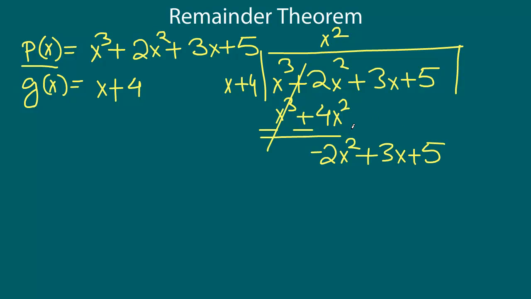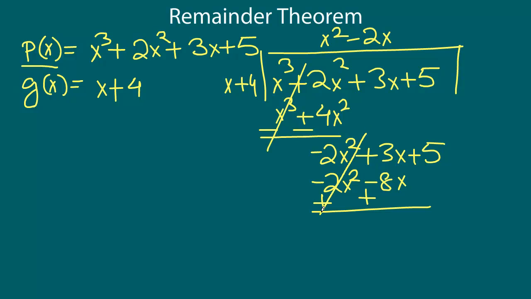And now we divide minus 2x squared by x, so then we get minus 2x. So we multiply minus 2x by this, we get minus 2x squared. And minus 2 times this will be minus 8x. Minus 8x. When we subtract, the signs change. So now we have 11x plus 5. We divide 11x by x, get plus 11.